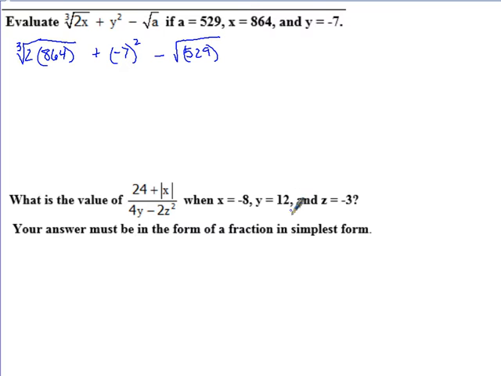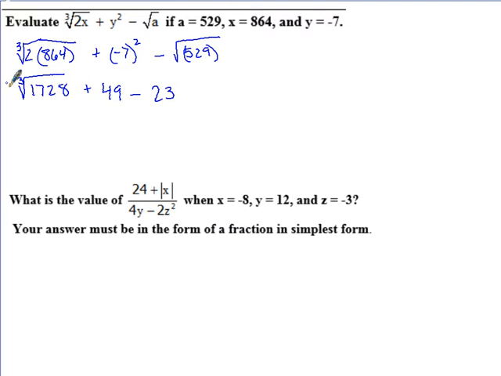Alright, so then I need to get my calculator. I'm going to simplify things underneath the radical first. So 2 times 864 leaves me with the cube root of 1728 plus negative 7 squared. Make sure you type it exactly like this in your calculator. Negative 7 squared is 49. And then minus the square root of 529, which is 23.